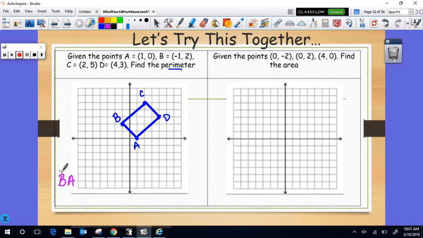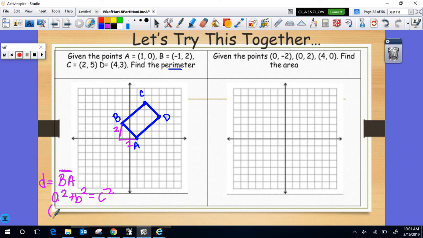So the distance for line segment BA, if I draw a right triangle here, it's going to be 2 and 2. So if I use Pythagoras Theorem, I get A squared plus B squared equals C squared.